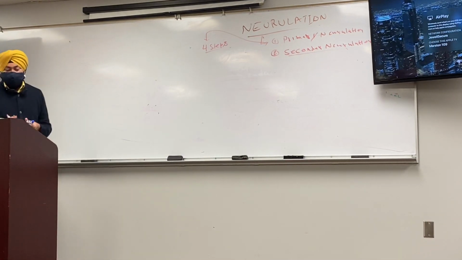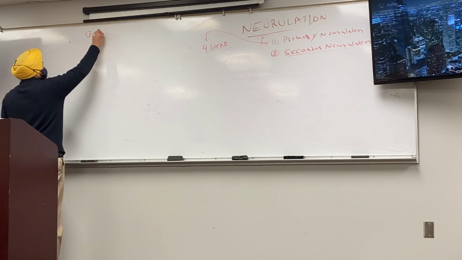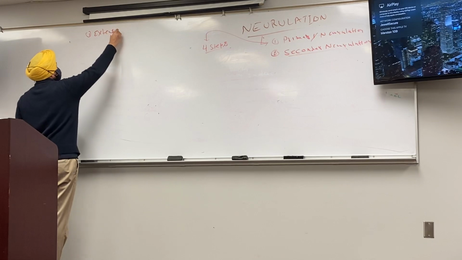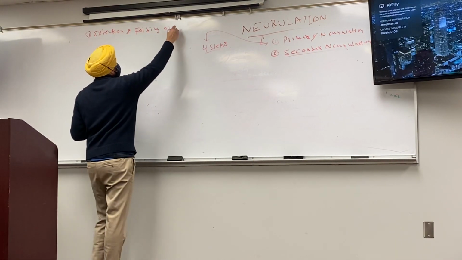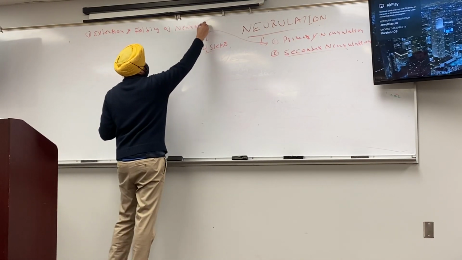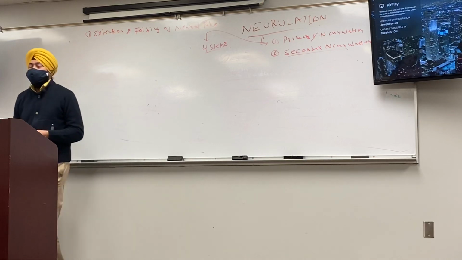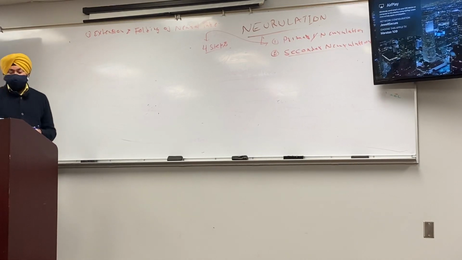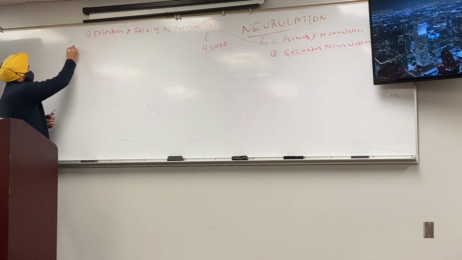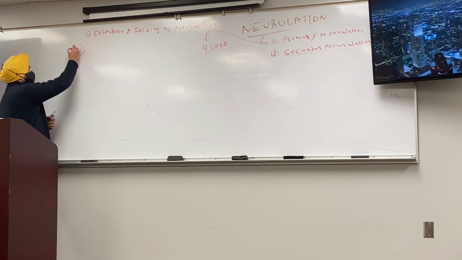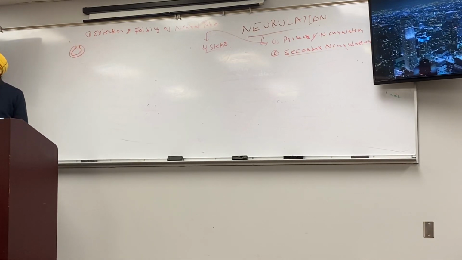Okay, now what is happening? The first step is what we call extension and folding of the neural tube, and that's what gets your answer right here. So what is happening there? Again, if you look at this diagram, right here is your neural plate that is formed there, right?